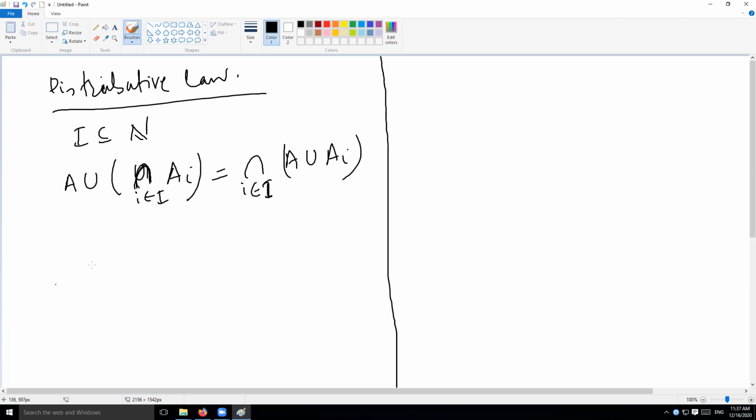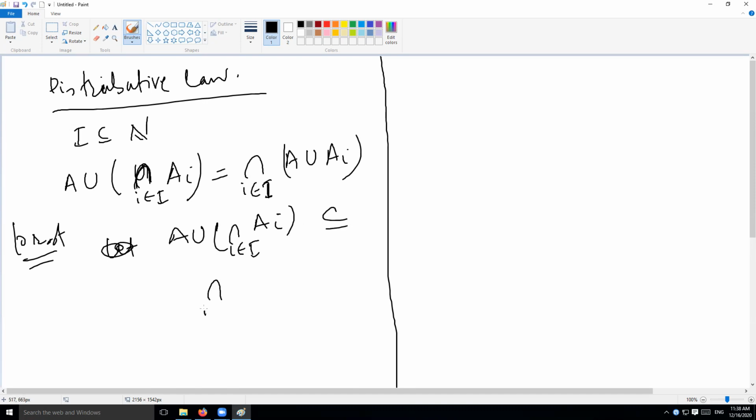Okay, so now let's prove it. Let's prove why this is true. So I'm going to say, let's first show that A union the intersection of I belongs to I, AI is a subset of the intersection of I belongs to I, A union AI, right?